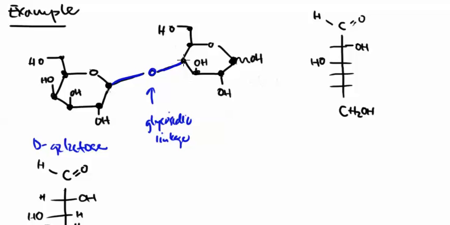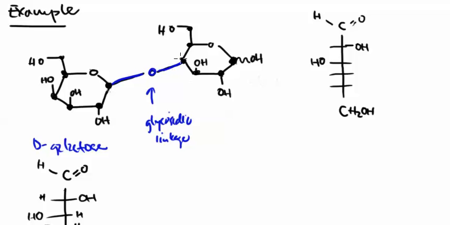On this carbon, it's kind of strange, right? There's no OH group. This is where my glycosidic linkage is. But take a look at the way that this bond is drawn. This bond is basically drawn in the downward position, right? So this is kind of giving you insight that this OH group was pointed down as well.